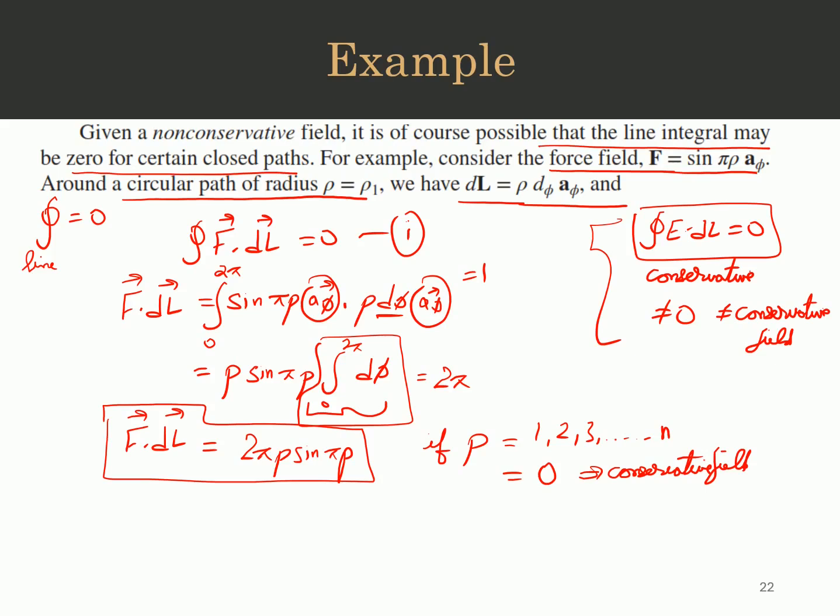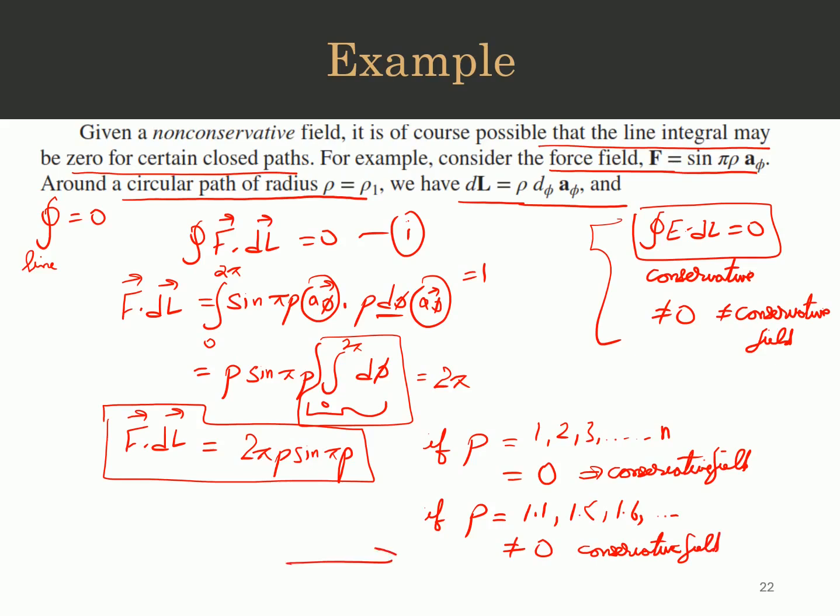Just replace the value of rho with 1, 2, 3, 4, 5, 6 till n. It will always be 0 because the sine of that term will be 0. But if the value is a fraction or a non-integer, let's say 1.1, 1.5, 1.6, then it is not a conservative field. So it is not going to be a conservative field if the value is a fractional value.